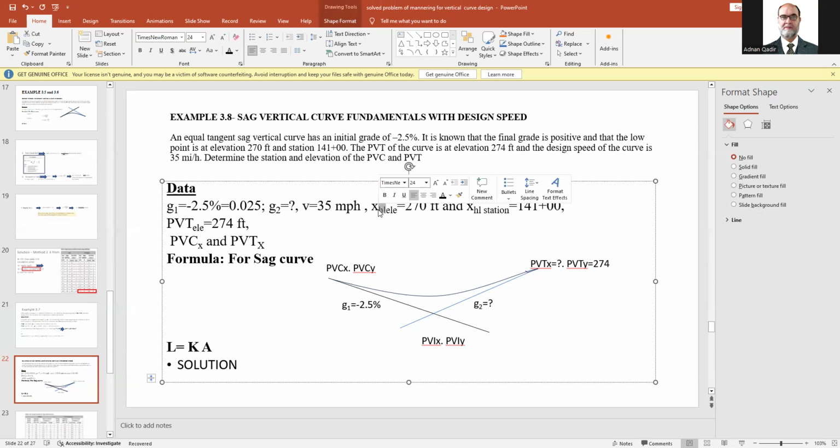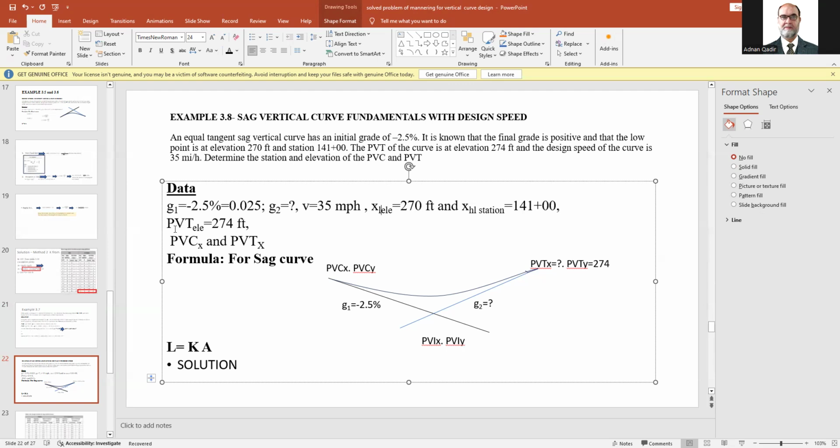This station low point elevation is 270 feet, and it is at 141 feet. Or we can say this 14,100 feet from somewhere. So again, the elevation of PVT is given to us.